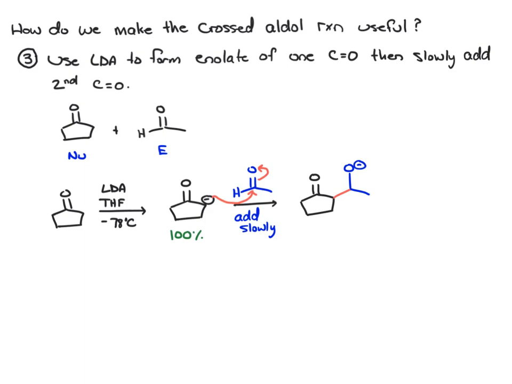So what you would normally do is just add some dilute acid to protonate this. And because of the way this reaction works without having the hydroxide around, we can stop here and we can isolate this beta hydroxyketone.